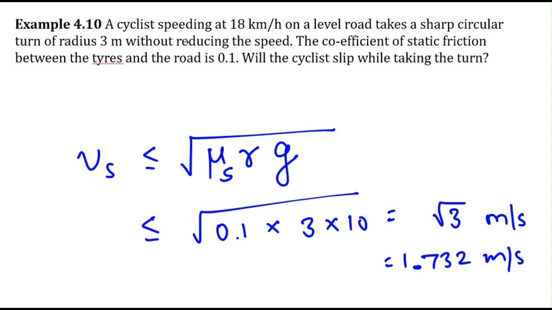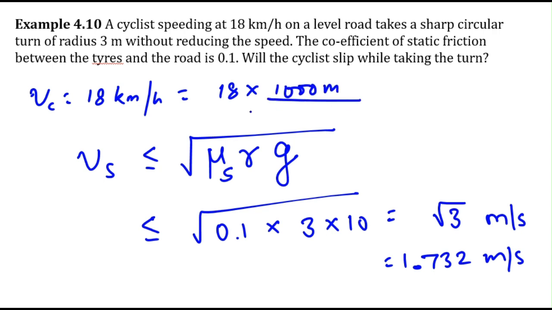Now, the cyclist is taking this turn at a speed of 18 kilometer per hour. We can convert this into meter per second to make the comparison easy. 18 kilometers is 1000 meter times 18, and an hour is 3600 seconds, so this is 5 by 18 times 18, which is ultimately 5 meter per second.